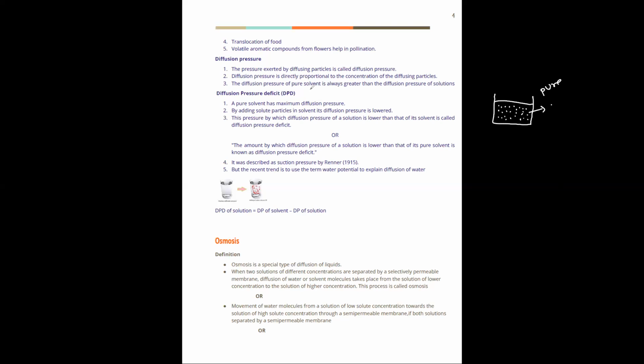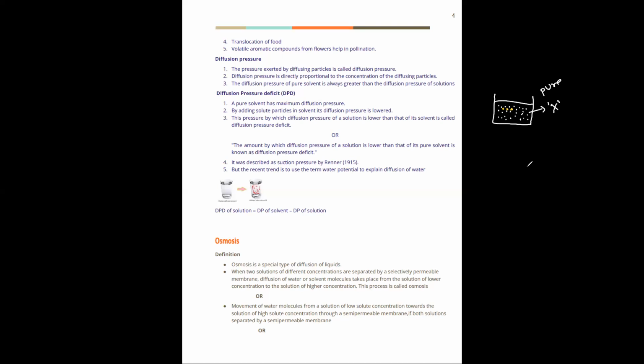So what is the meaning of this third statement? The diffusion pressure of a pure solvent is always greater. Suppose the diffusion pressure of pure water is X. But if you dissolve a solute, suppose you have added some sugar crystals to it, now the number of free water molecules will be less.